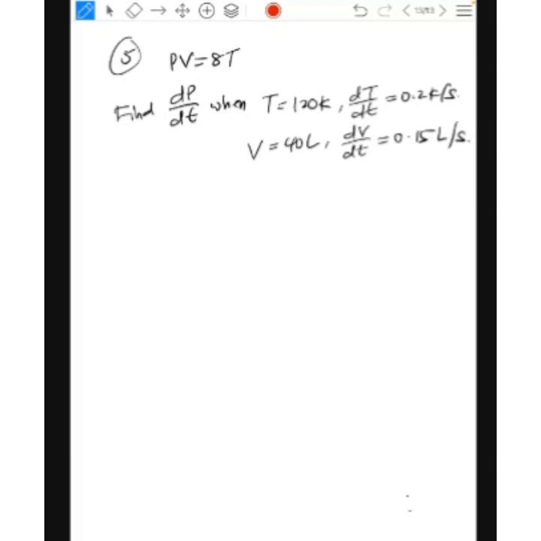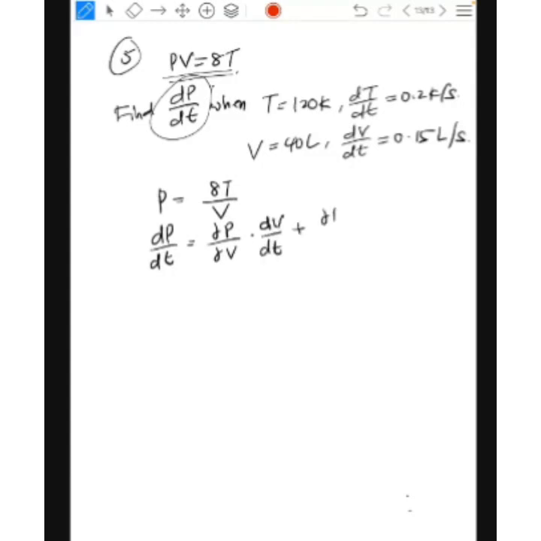So you find dP/dt. It's easy if you leave your equation in terms of P, so kT over V equals P. To find dP/dt, you have to find ∂P/∂V times dV/dt plus ∂P/∂T times dT/dt. So every piece of information here, substitute into this formula.